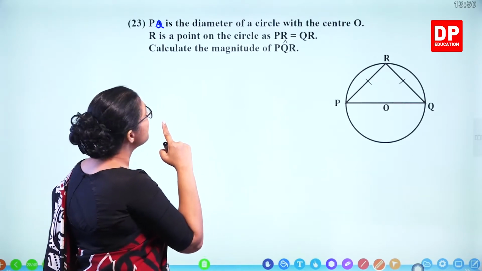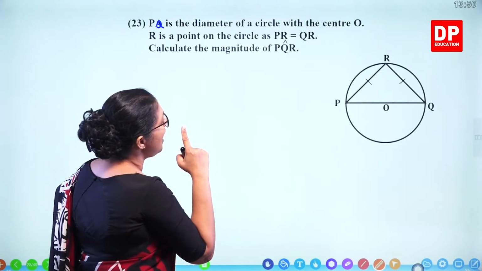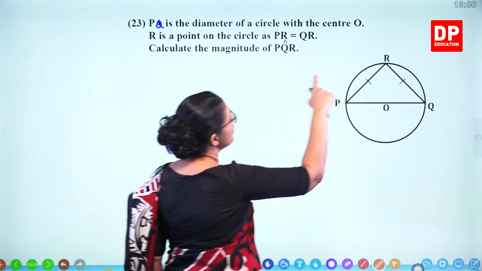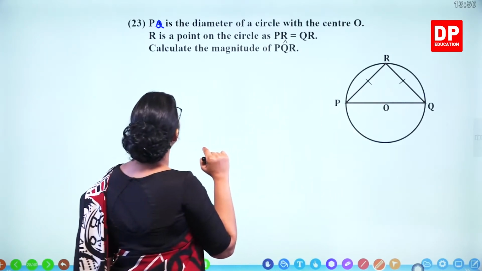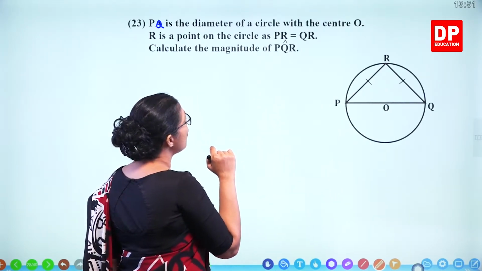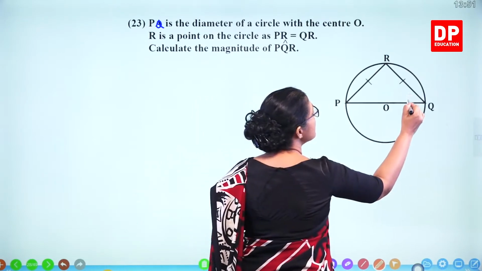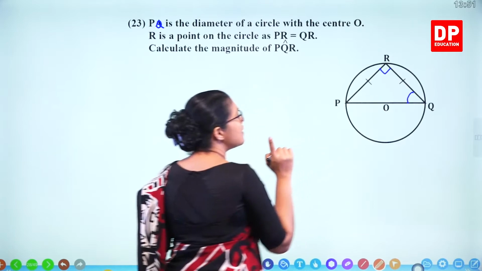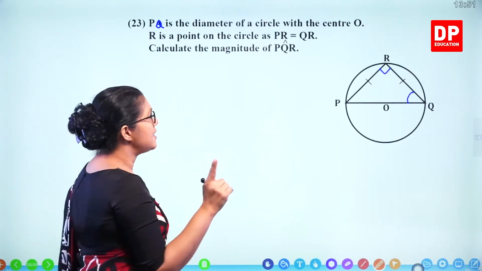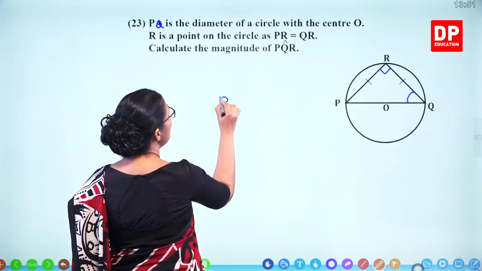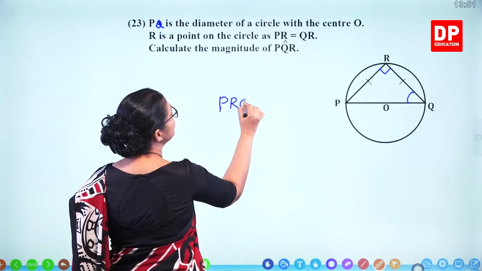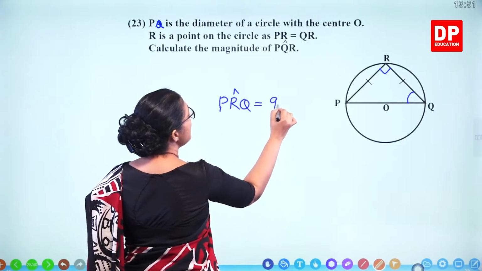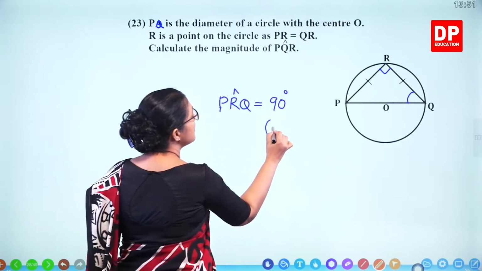Center O. R is the point on the circle as PR is equal to QR. So these two lengths are equal. Calculate the magnitude of PQR, this angle. What do you know about this angle? Semicircle angles are 90 degrees. So PRQ is 90 because of semicircle angles.